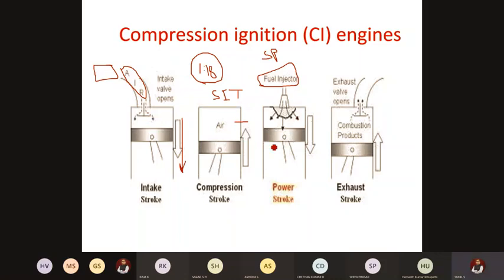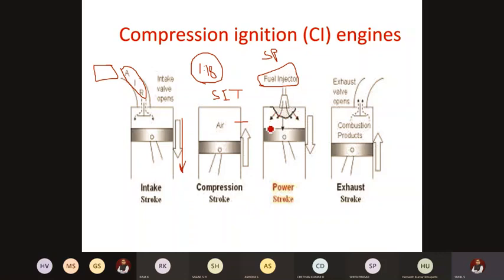So what happens here, when you compress the air to very high compression ratios, the temperature will be very high, and also you will be injecting fuel through an injector wherein it comes out as fine droplets. Once it comes into the airstream, immediately these droplets will catch fire and start releasing energy.